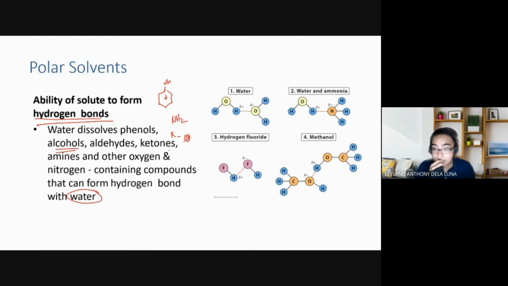It's already an alcohol. Tapos meron tayo RCOH. Familiar? Or RCOOH. Carboxyl groups. May carboxylic acid ka dito.